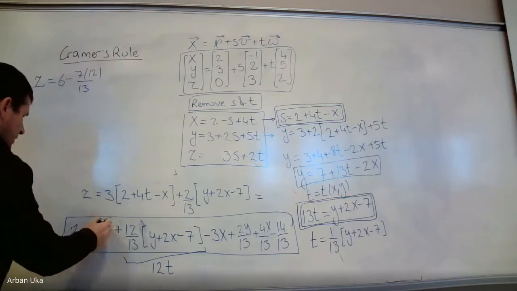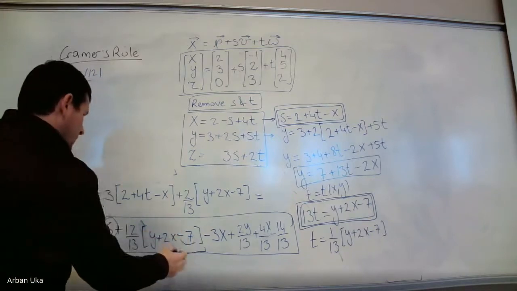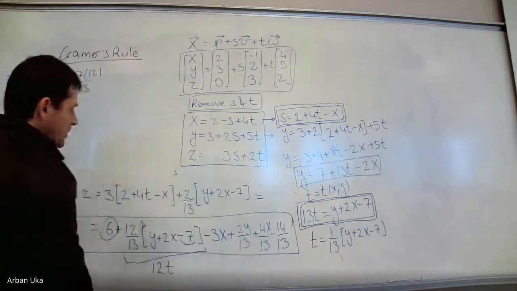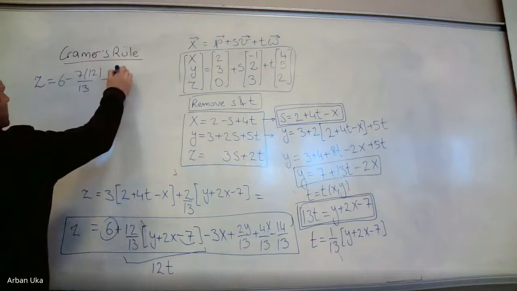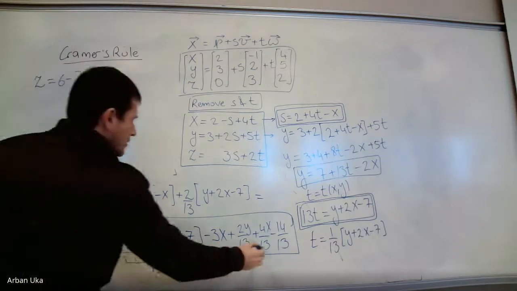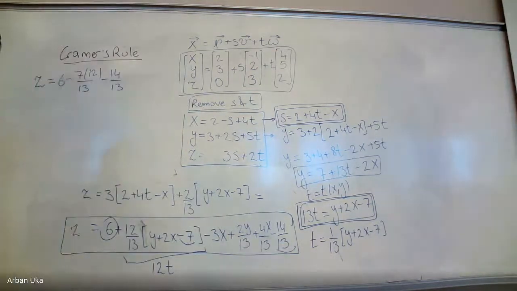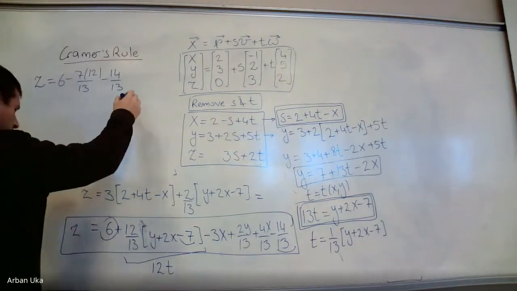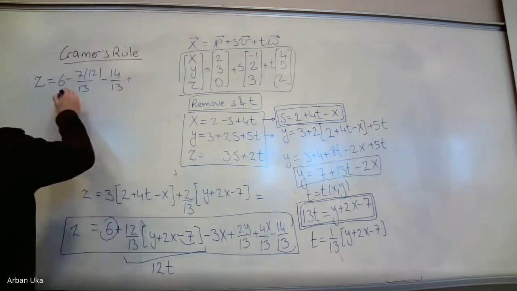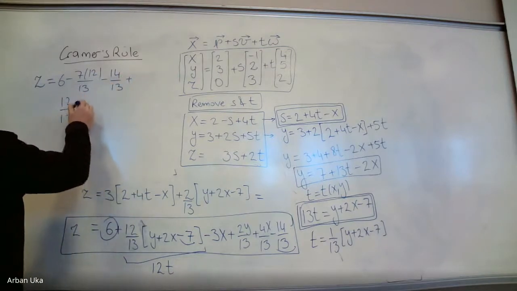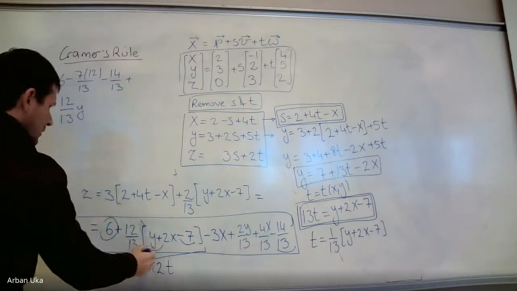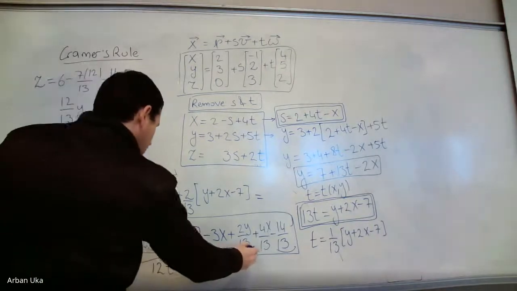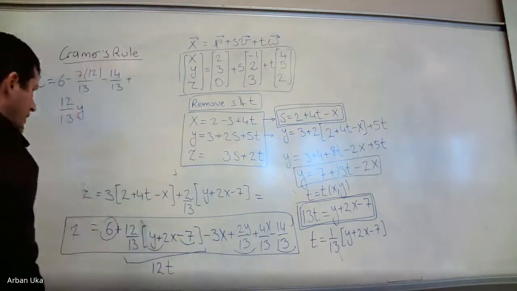So we took this out, minus 14 over 13. So this is also written. Then we have to include the y. Then we have here plus 12 over 13y. Okay, with this the next y is 2 over 13y.